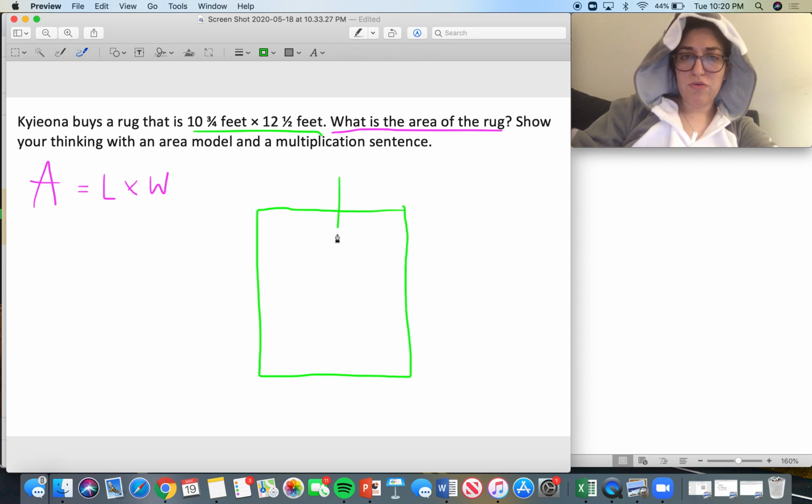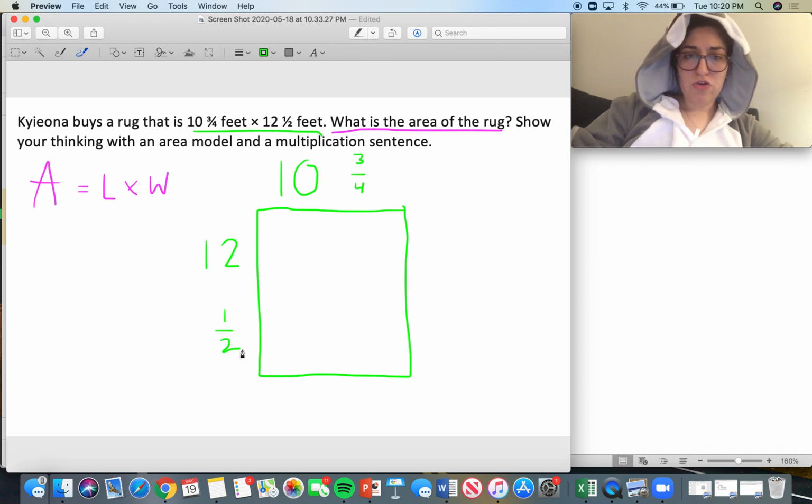Actually, before I do that, I'm going to put 10 3/4 feet here. I'm going to put 12 1/2 feet here. But I'm going to put the half under the 12 so that we can then make an area model, which is part of what the problem asks us to do.